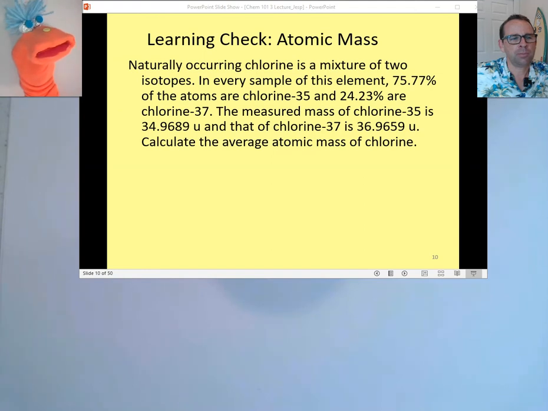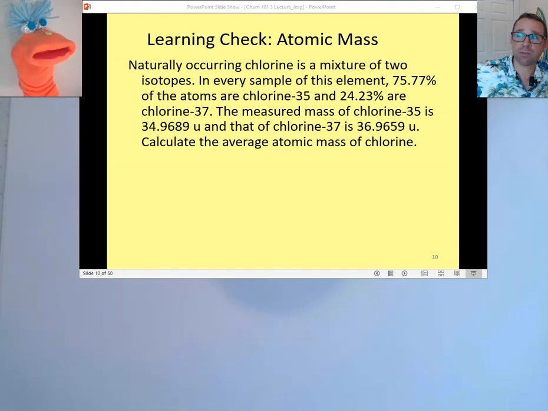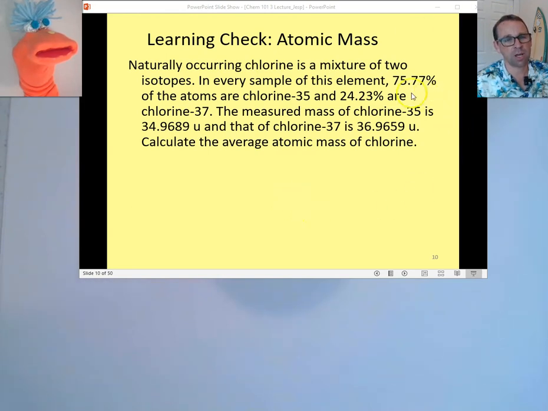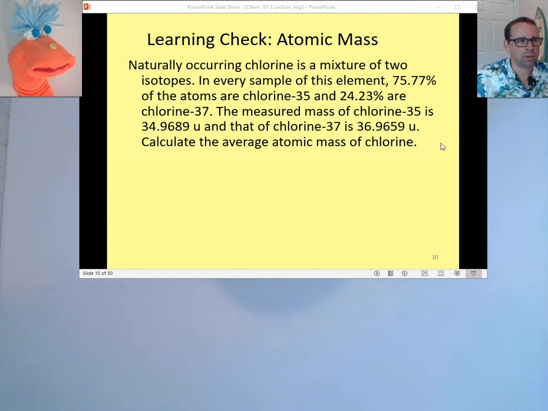And if chlorine 35 has a mass of 34.98689, that's the exact mass of our chlorine 35, and chlorine 37 has an exact mass of 36.9659, we can calculate the average atomic mass of chlorine. So what do you think? What's the average atomic mass? Well, wouldn't you just take those two masses, 34.9689 and 36.9659, and take their average?